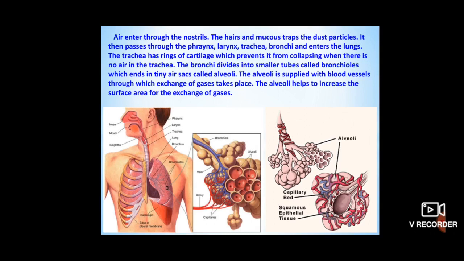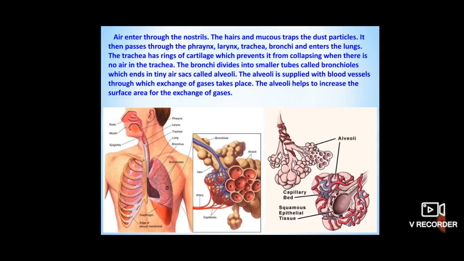Then carbon dioxide also enters, which means the exchange of carbon dioxide also takes place with the help of alveoli only, by the process we call diffusion. So the alveoli help to increase the surface area for exchange of gases.